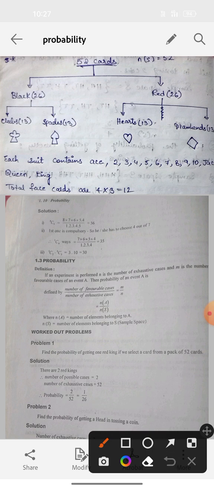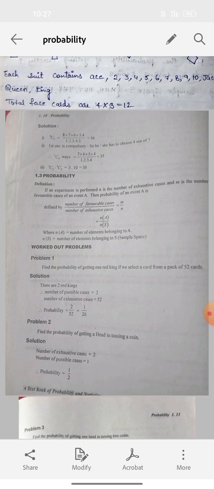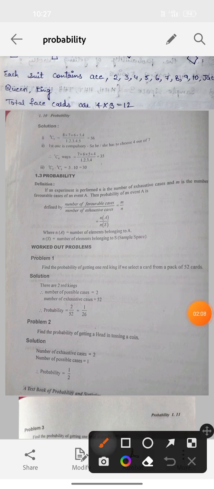Now coming to the definition of probability. If an experiment is performed, n is the number of exhaustive cases and m is the number of favorable cases, then the probability we can define as number of favorable cases by number of exhaustive cases.